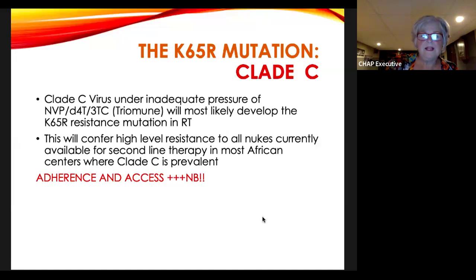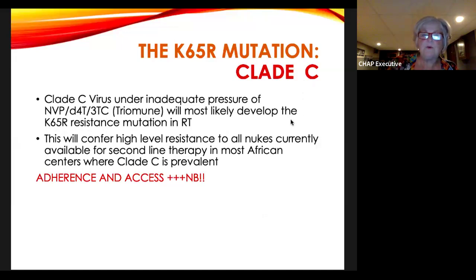And that was because D4T, or that stavudine drug, in the presence of a first generation non-nuke, tended to push out the 65R mutation versus the thymidine analogs for some reason in clade C virus. And that's because it's a simpler switch in the amino acids in order for the resistance to develop in this particular clade.